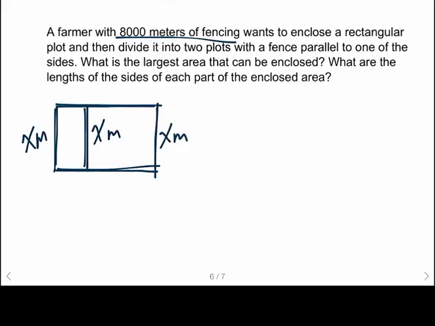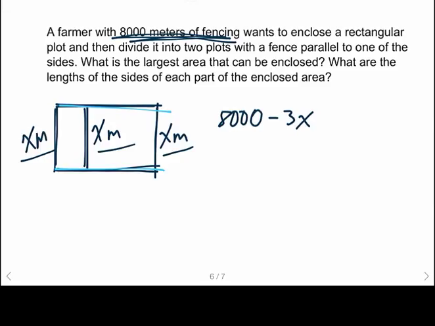And then if we've got 8,000 meters of fencing, and we've just accounted for x 3 times, then 8,000 minus 3x is the amount of fencing that we have to take care of the 2 longer horizontal sides.